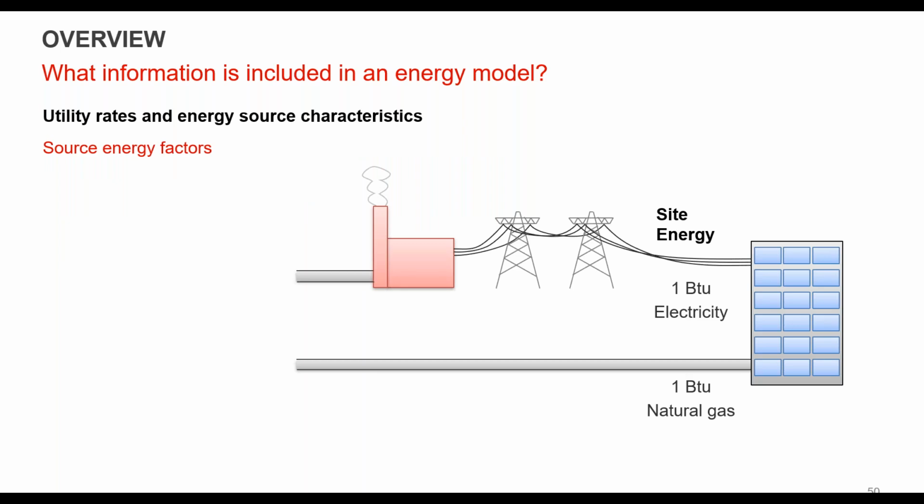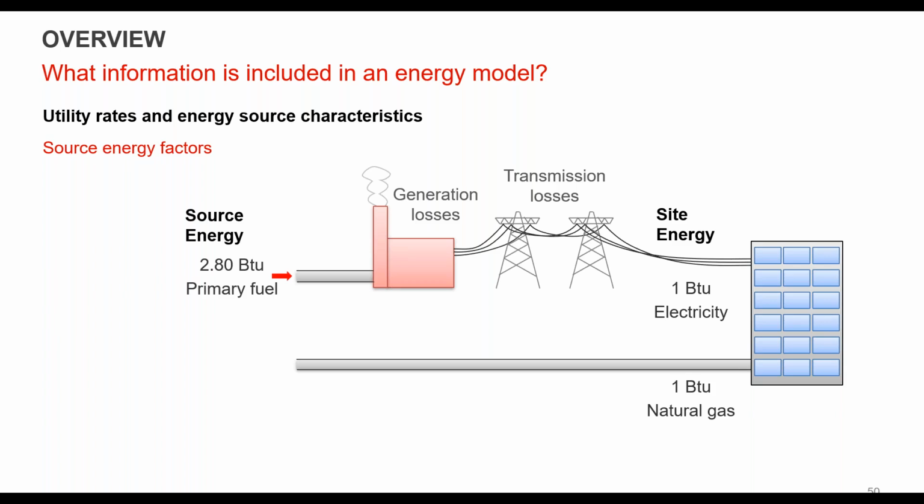We also need to gather source energy factors. These are becoming more readily available based on the eGRID location. So, how much actual primary fuel is being burned, or whether it's generated from renewable sources, how much of that is actually making it to the site. There are losses from transmission and generation.